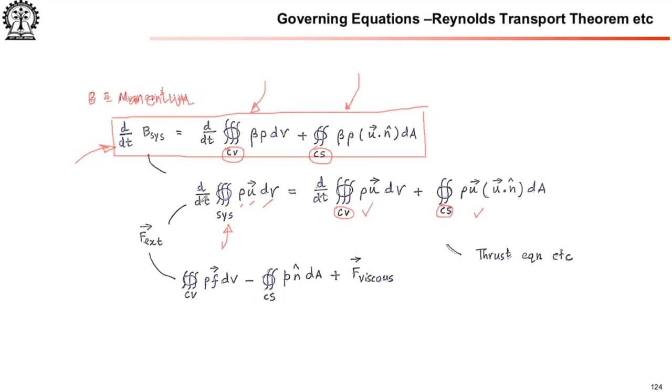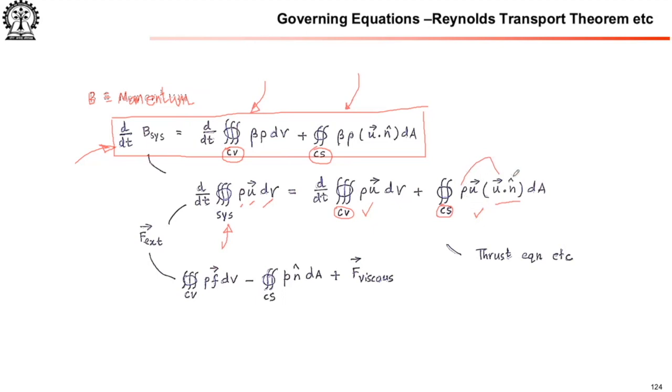So you see that we are relating the time rate of change of momentum of our system with the time rate of change of momentum within the control volume, plus the time rate of efflux of momentum. You can work it out yourself: u dot n, then rho times u dot n, then u vector times rho times u dot n.